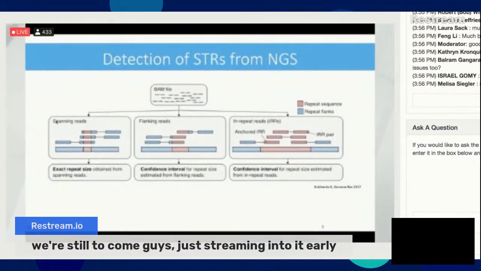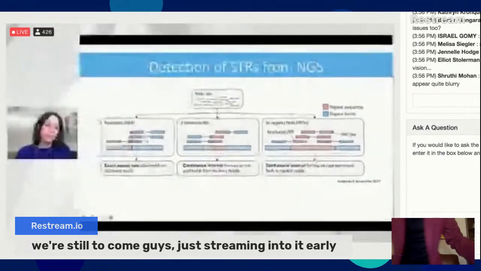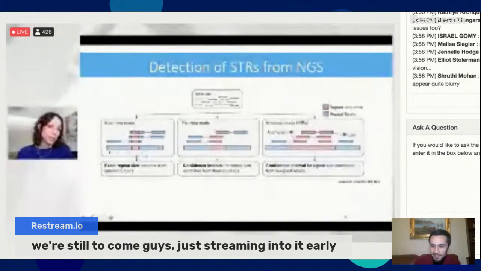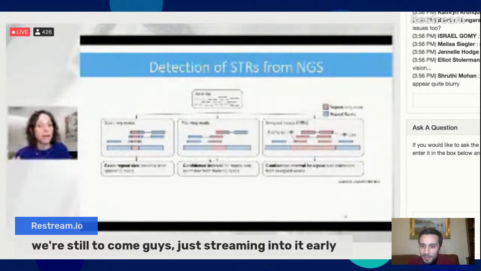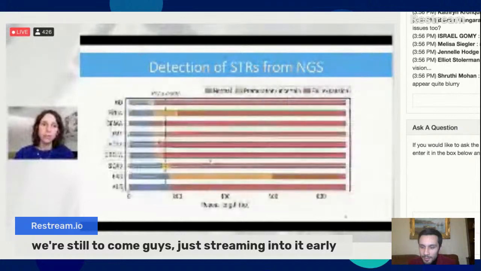From reads that fully contain the repeat, an exact repeat size can be estimated, while from reads that only partially contain the repeat, a confidence interval for the repeat size is estimated. This means that for STRs that are shorter than the read length, an exact repeat size can be estimated, as opposed to STRs that are larger than the read length, where the size can only be estimated with a confidence interval.